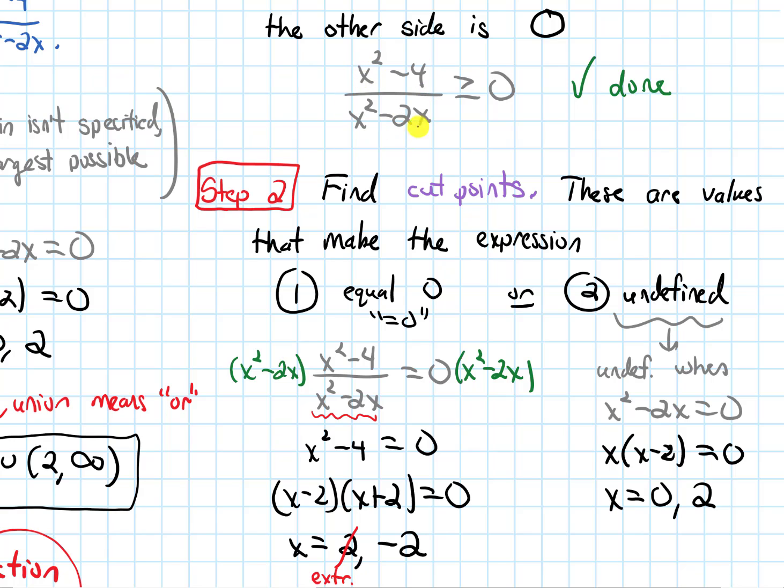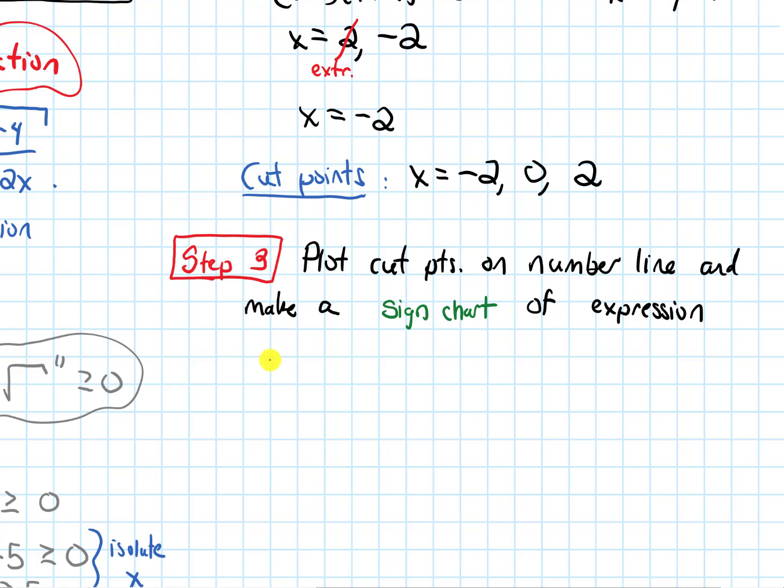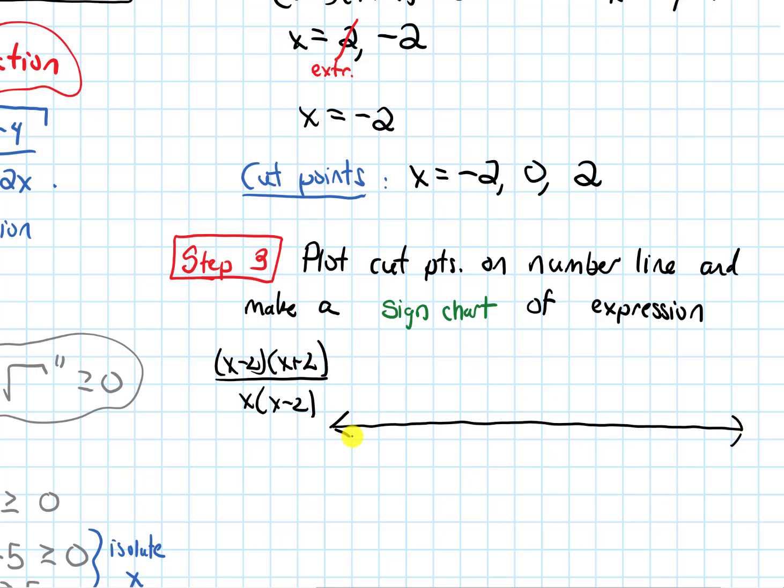I'm going to use the factored form of this. So the factored form is x minus 2 times x plus 2 on the top. That was the difference of squares. And the bottom was x times x minus 2. And now I'm going to form a number line and plot the cut points on it. Negative 2, 0, and 2.